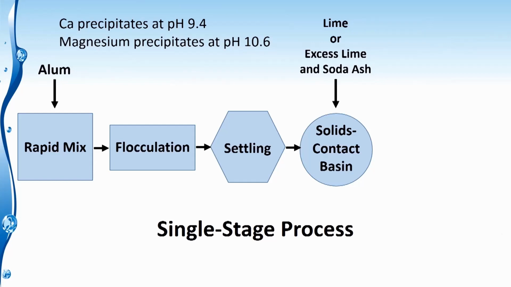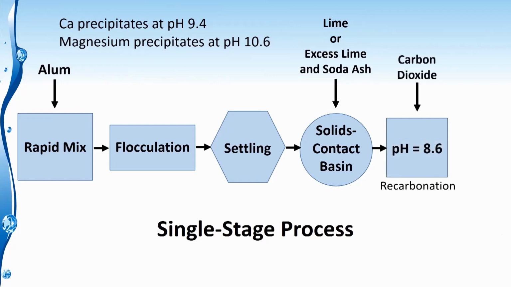Well, following the softening portion, where we add the lime or the lime and soda ash, we have to bring the pH back down because high pH water would cause a problem with several things. One, the disinfection process, but two, it'll cause scaling in the distribution system.